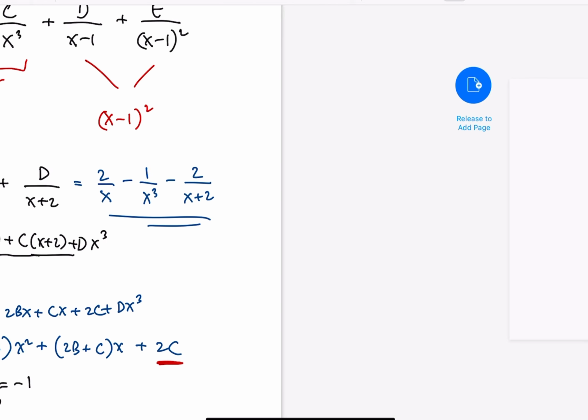Okay, now let's see another example. Now another example or another case is if we have this.